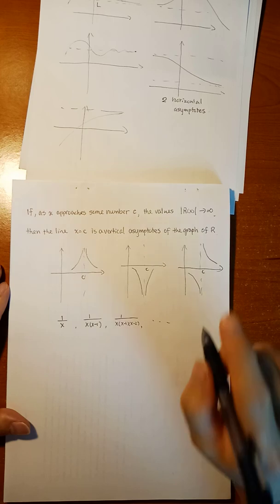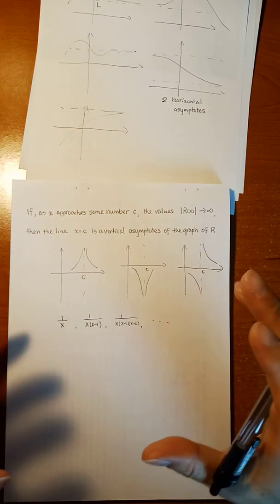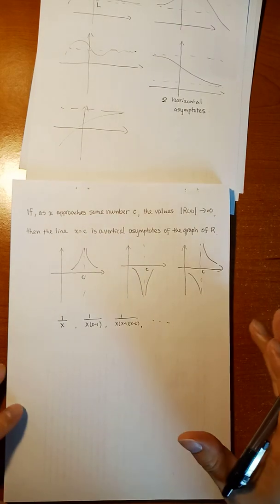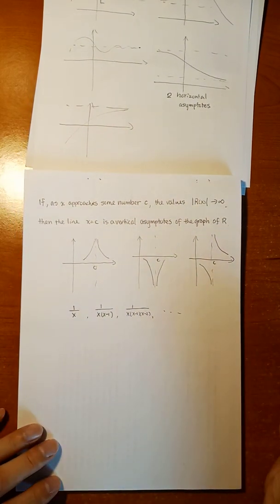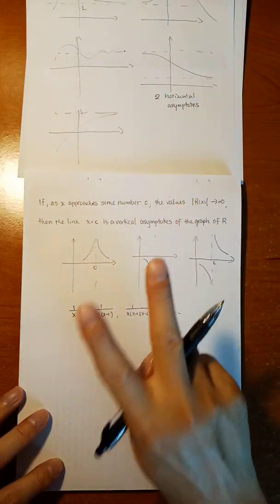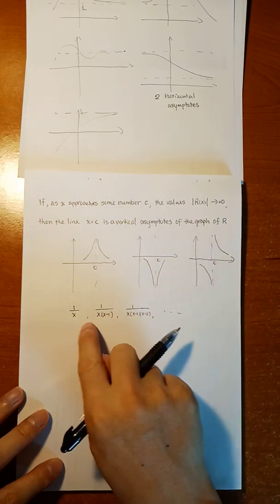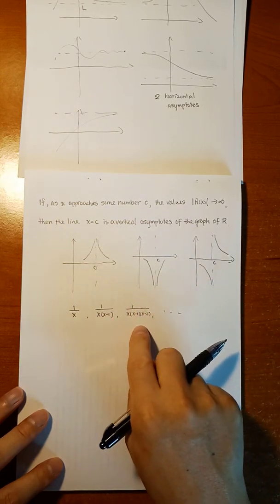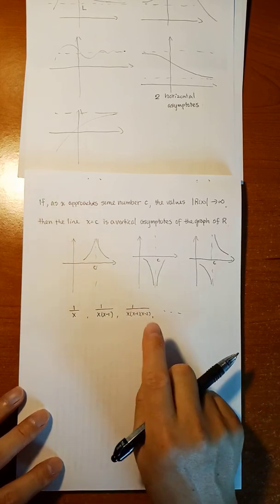So the number of vertical asymptotes is not bounded. It can have as many as you want. So that's the difference. Horizontal asymptote, you can have at most 2. But the vertical asymptote is totally dependent on the denominator in the lowest terms.